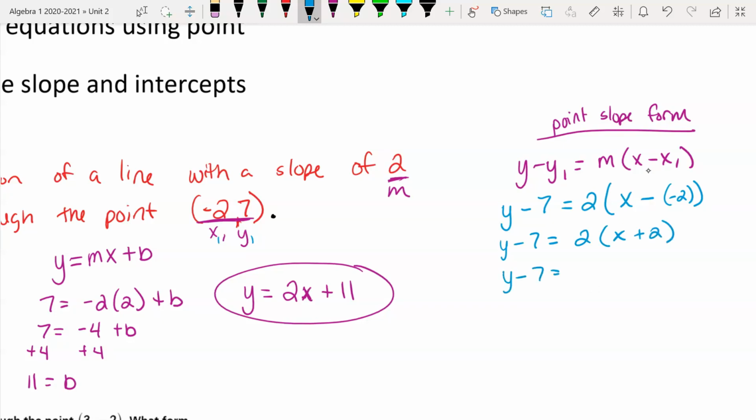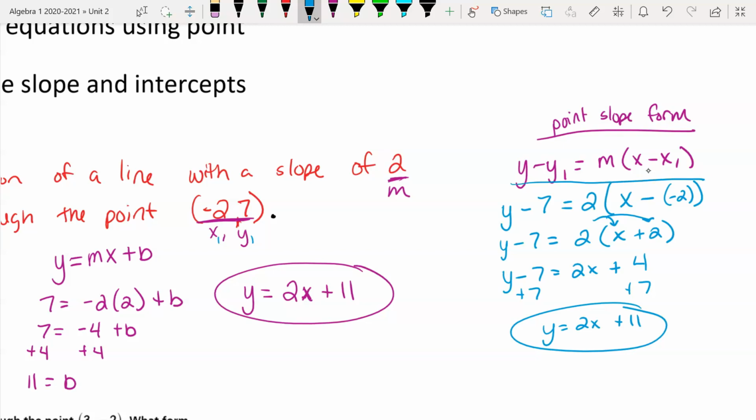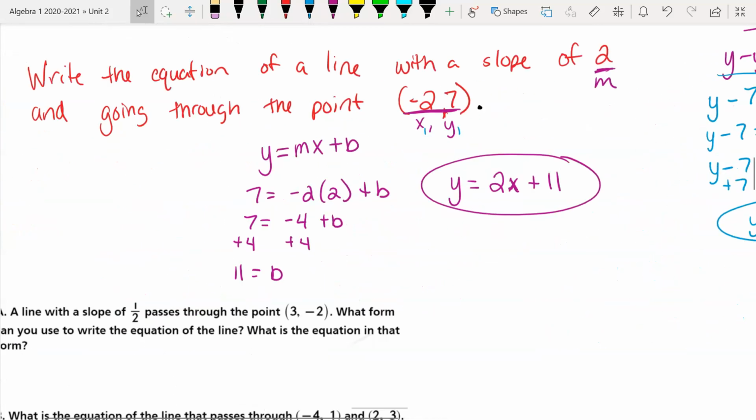So I get y minus 7, I would distribute, equals 2x plus 4. I'm going to add 7 to get y equals 2x plus 11. Do you see how it's the same thing? All right, so I can take point slope form and convert it to slope intercept form very, very easily. The point slope form is very beneficial when you have just a point and a slope. And that's what we're going to work on today.